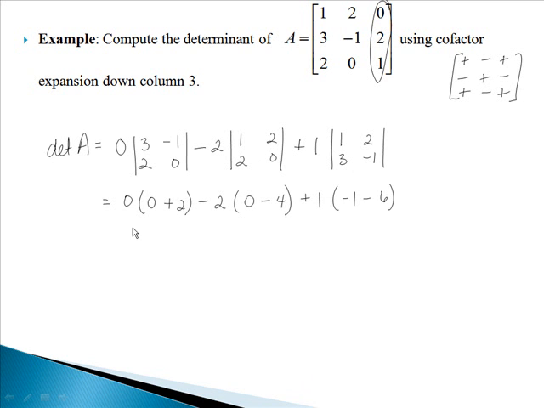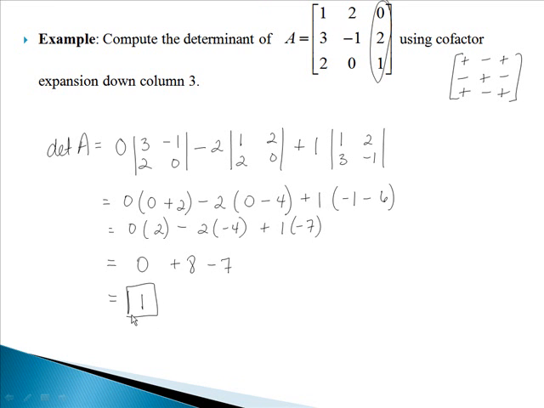So here I have 0 times 2 minus 2 times negative 4 plus 1 times negative 7. So we have 0 plus 8 minus 7. And so I will get 1 for my determinant.